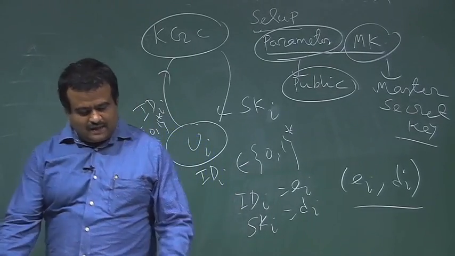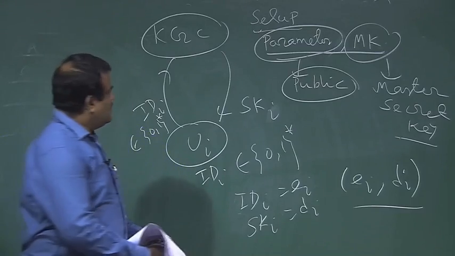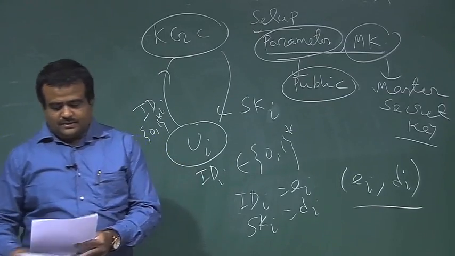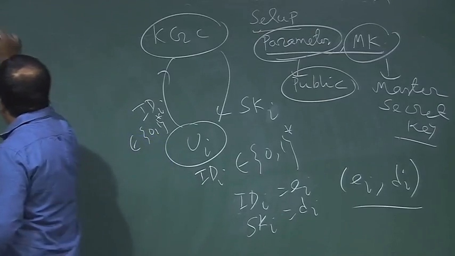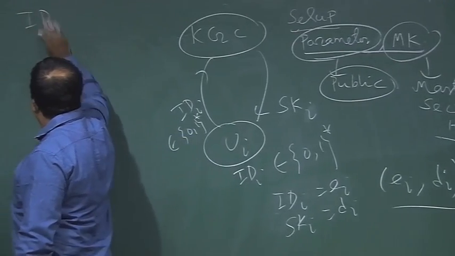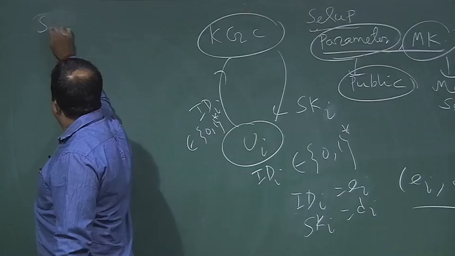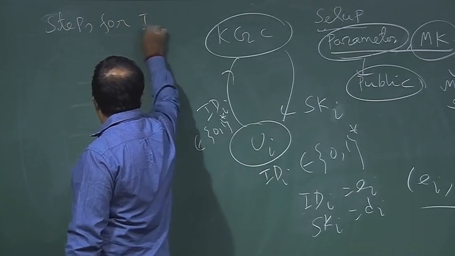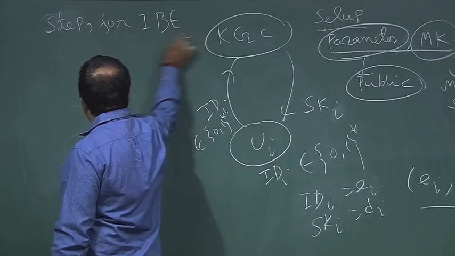So these are the steps for identity based encryption.